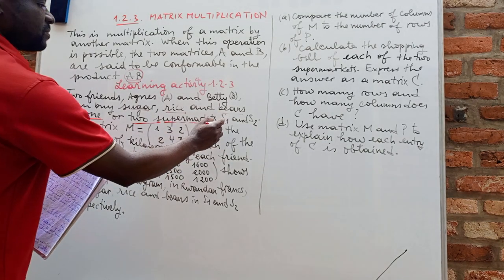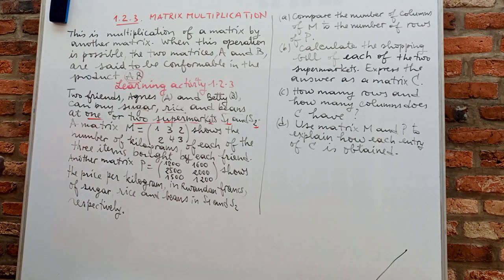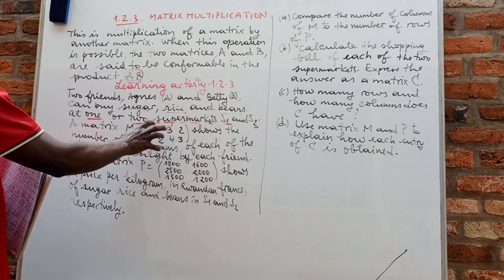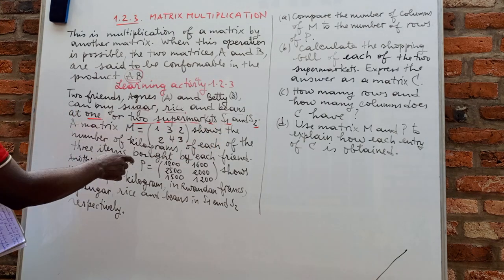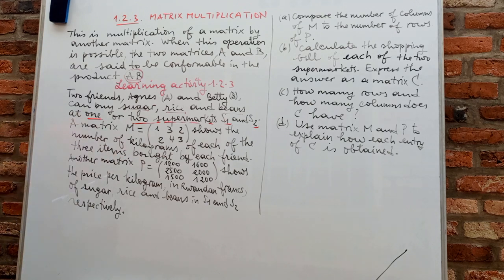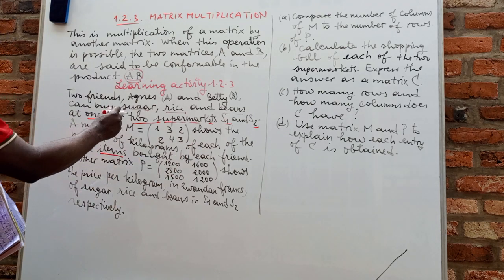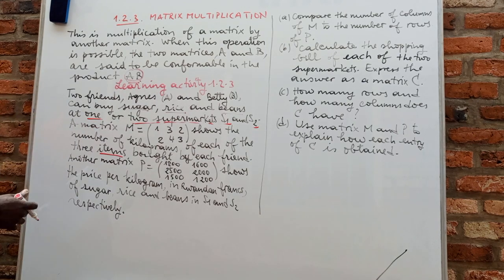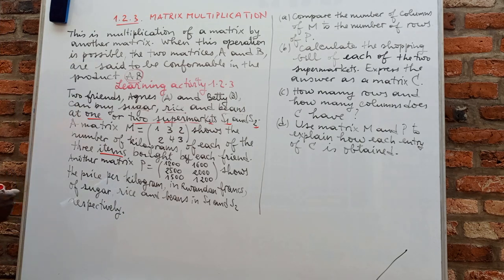Suppose the first one is S1 and the second is S2. And suppose a matrix M shows the number of kilograms of each of the three items bought by each friend, either Agnes or Betty, at the respective supermarkets.